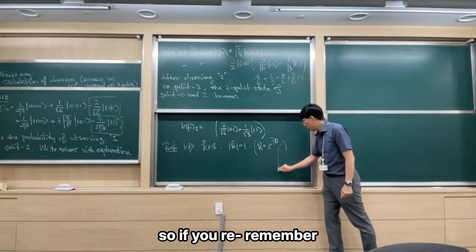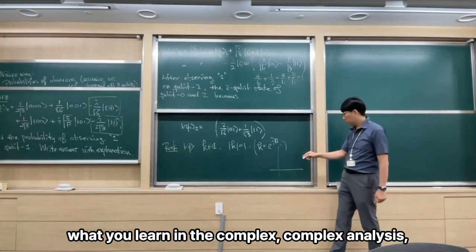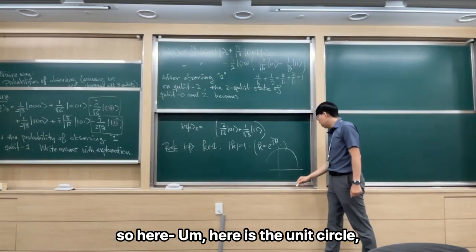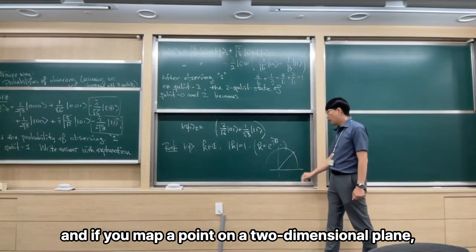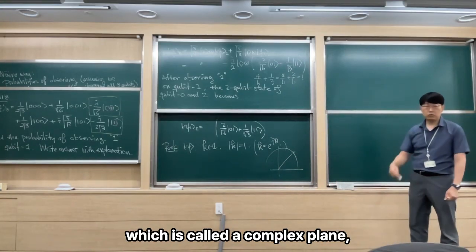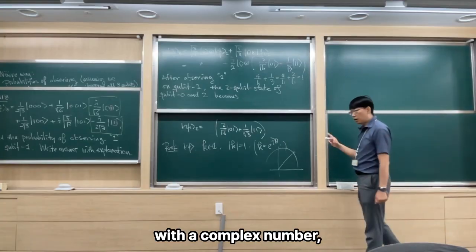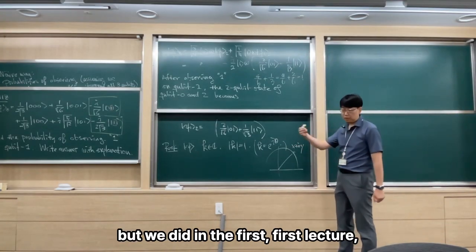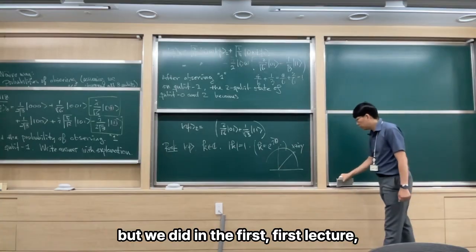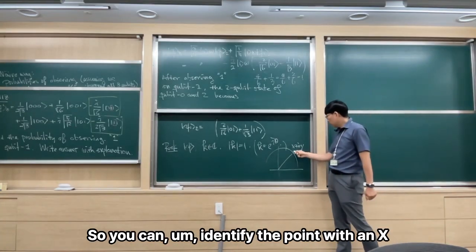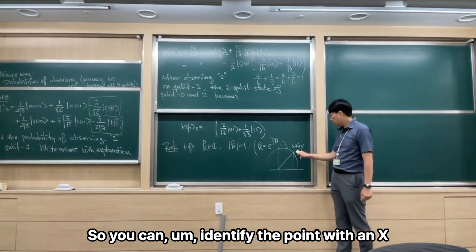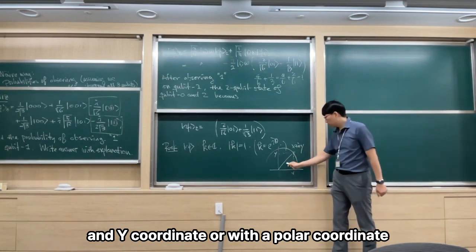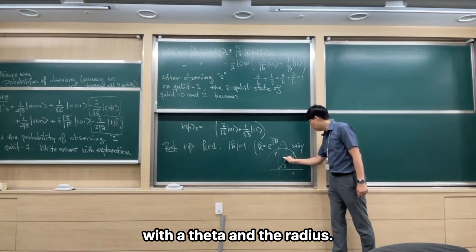If you remember what you learned in complex analysis, here is the unit circle, and if you map a point on the two-dimensional plane, which is called the complex plane, with a complex number, you can identify the point with an x and y coordinate, or with polar coordinates with a theta and the radius.